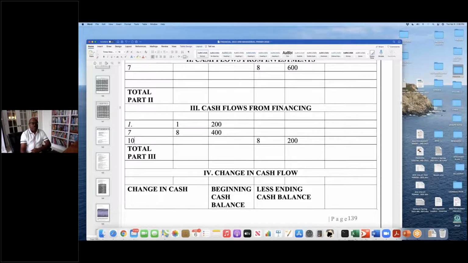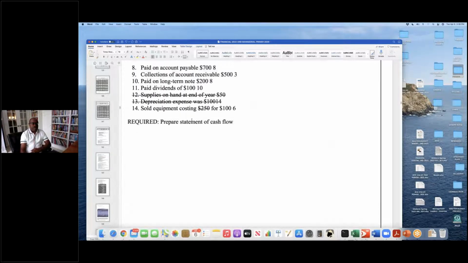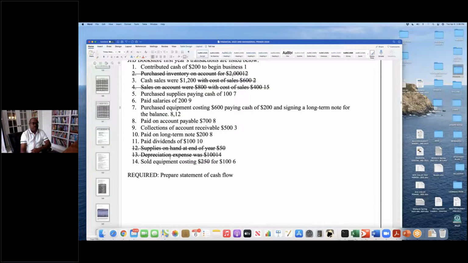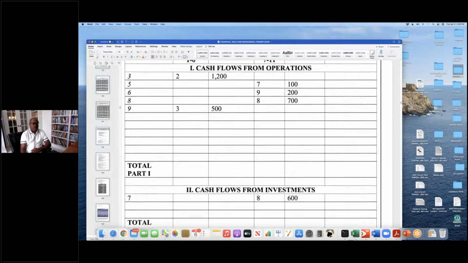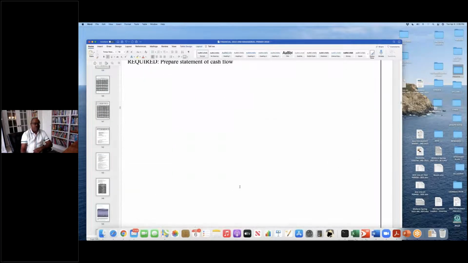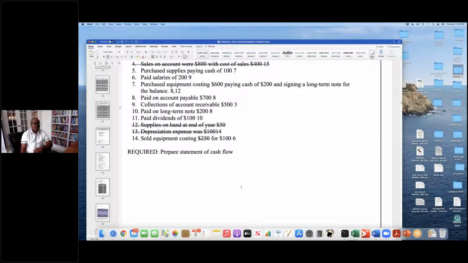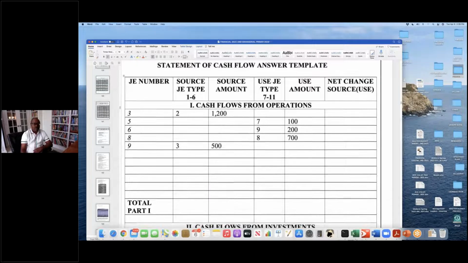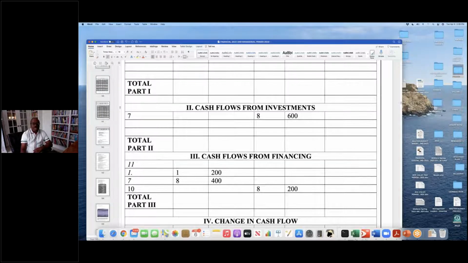Okay. So what do we have left? Paid dividends, that's number 11. So I'm going to stick that one in here. And that was $100.